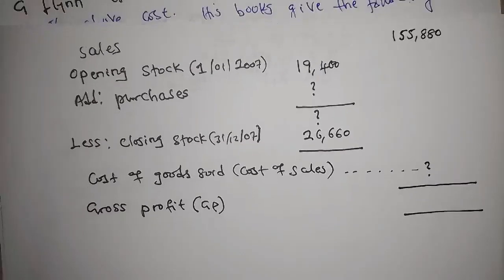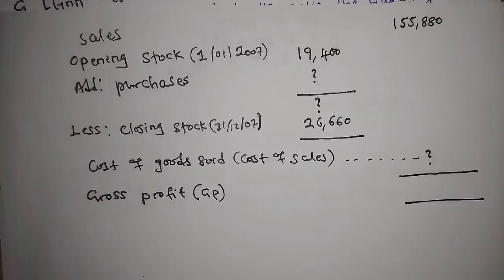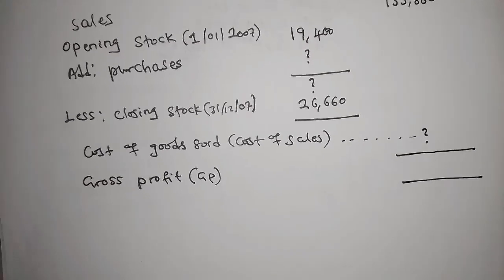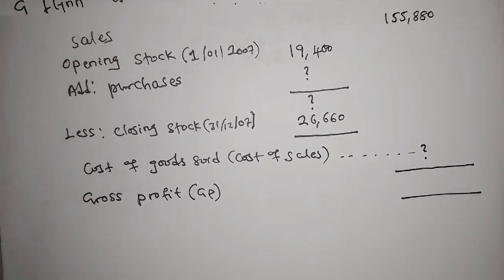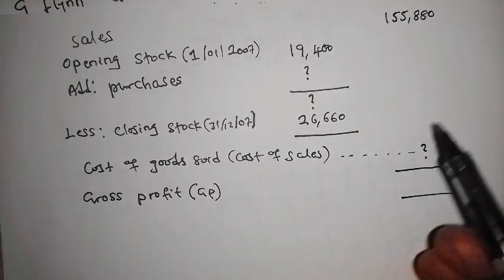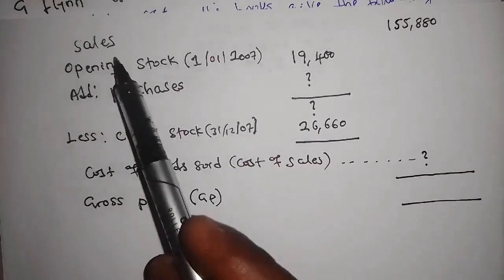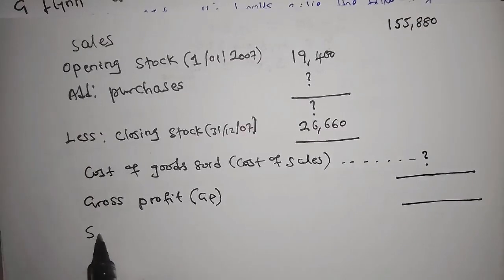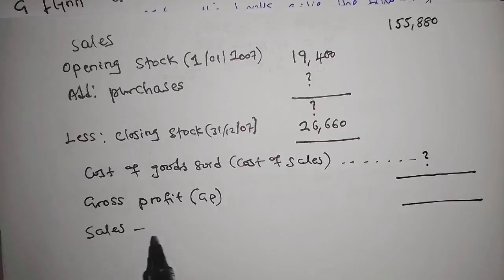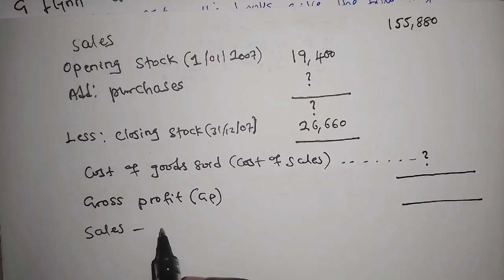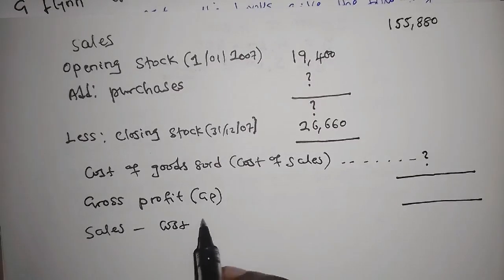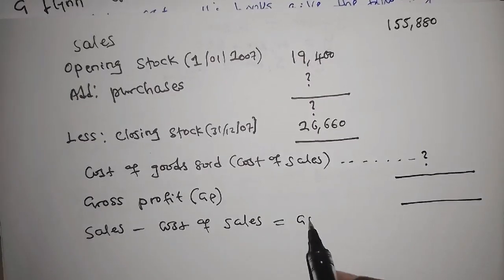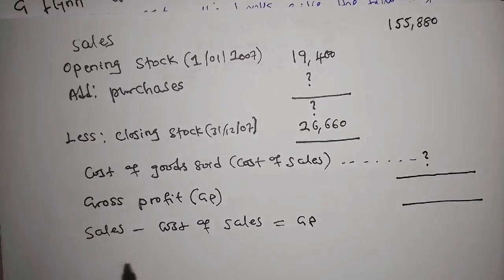Once we do this, then we are good to go. So make sure that you find a certain way of doing this work. Now you can simply say sales minus cost of sales is equal to GP, the gross profit.